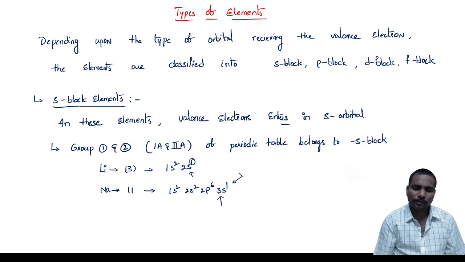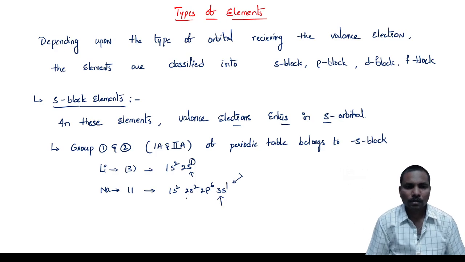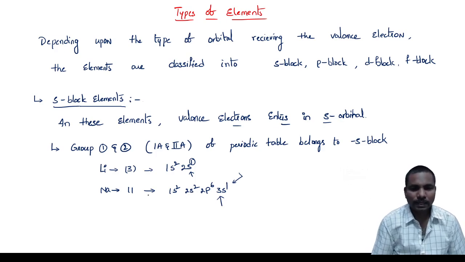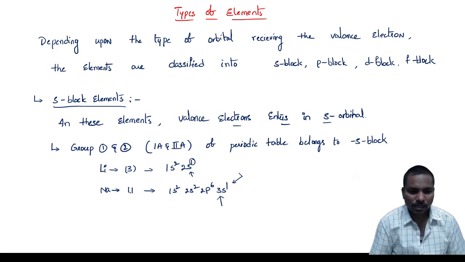The outermost orbit is 3. So in this outermost orbit, the valence electron is entering the S orbital. That's why these belong to S block elements. The elements whose valence electrons enter the S orbital are S block elements.